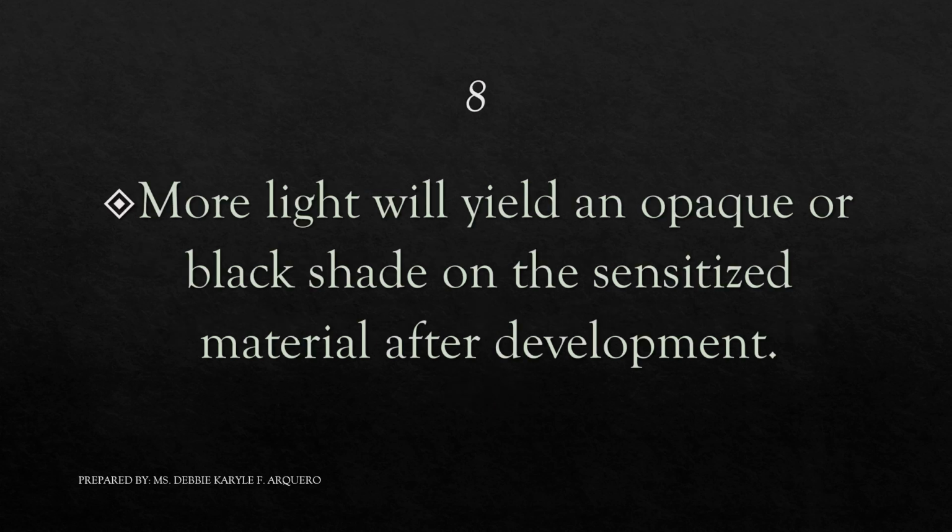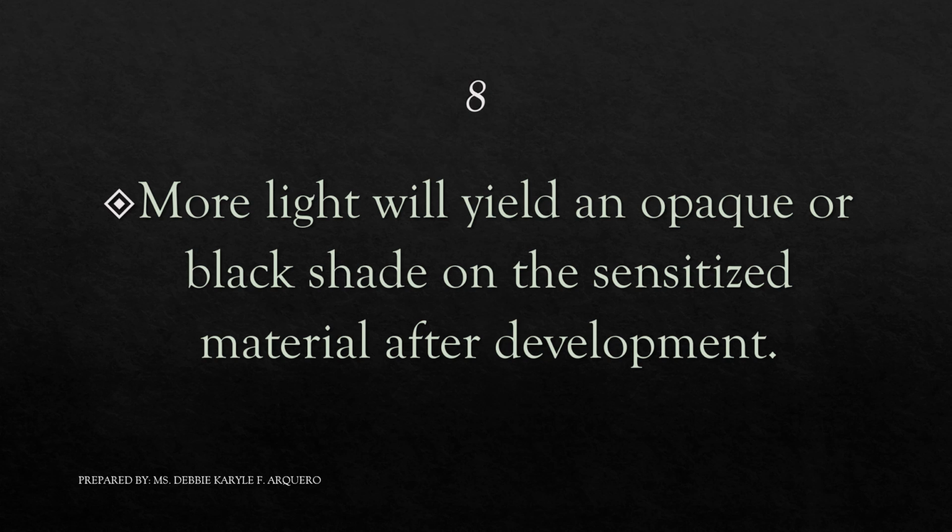So more light that will enter or that will react on the sensitized material will result in a black shade. Because the brighter the object, the darker it will appear on your film, on the sensitized material after development.